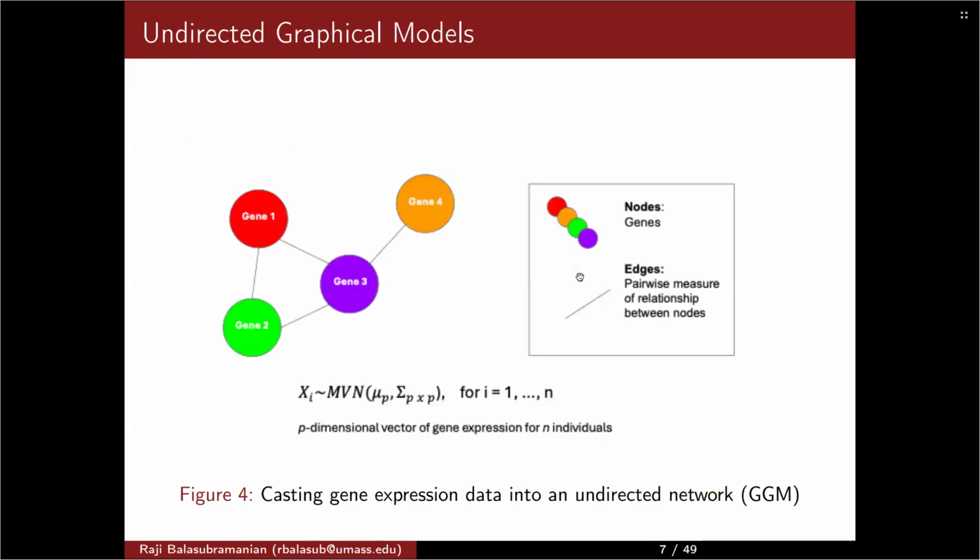So, showing you in a picture what I just said in words: we take our data matrix and have a network where the nodes are our genes and the edges between our nodes are undirected. There isn't an arrow going from one to another; they're simply connected to each other. And that connection is some measure of a pairwise strength of relationship between the nodes.